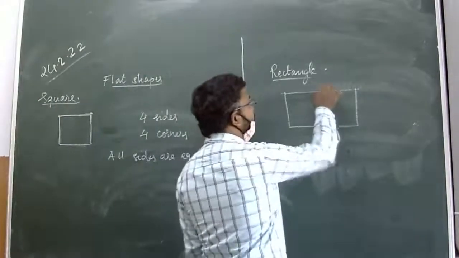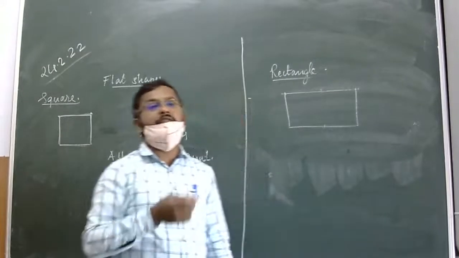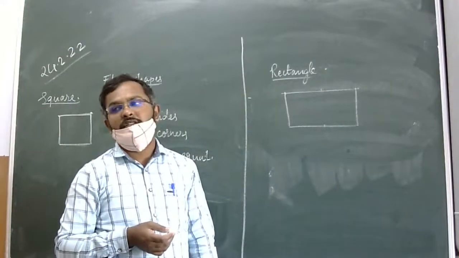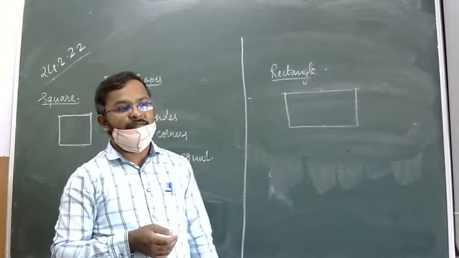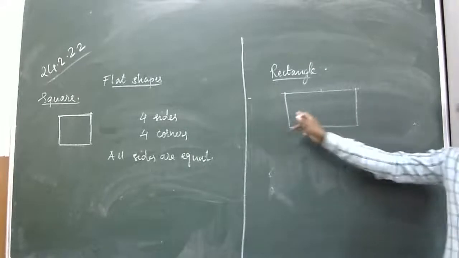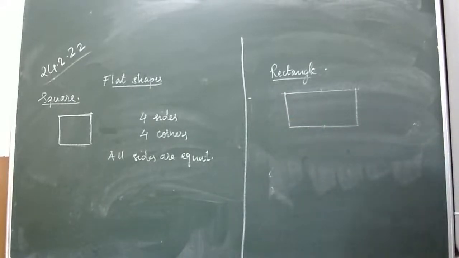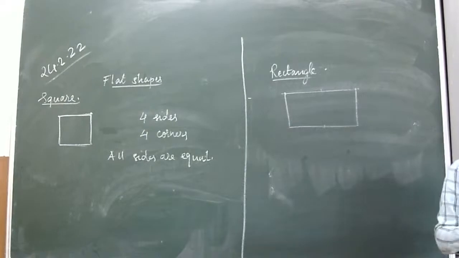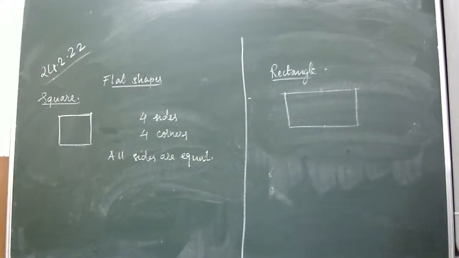This side and this side, they are equal. What do we call these two sides? Like this side and this side are also equal. So they are called opposite sides. So in a rectangle, which sides are equal? Opposite sides are equal in a rectangle.